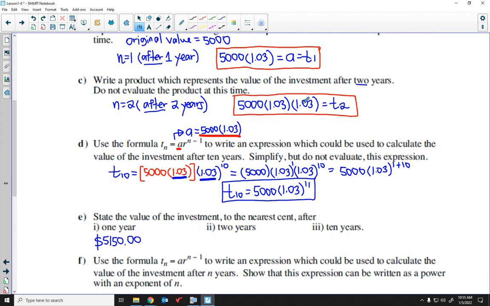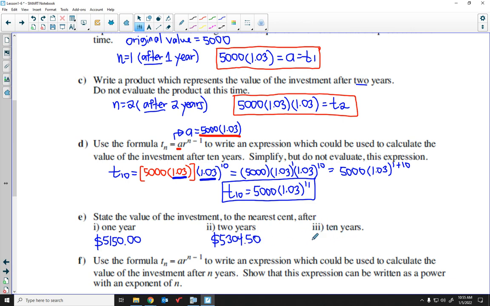The value after 2 years would be 5,000 times 1.03 times 1.03. So this would be 5304.50.